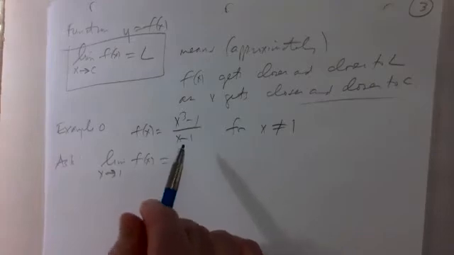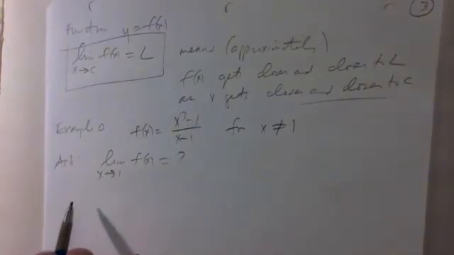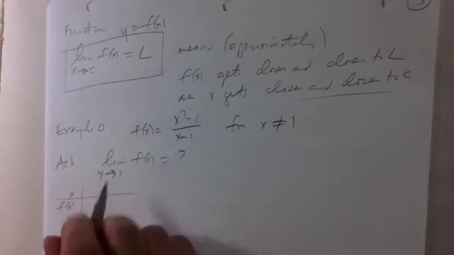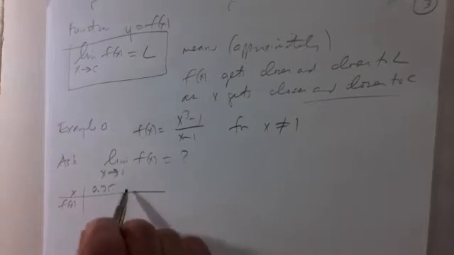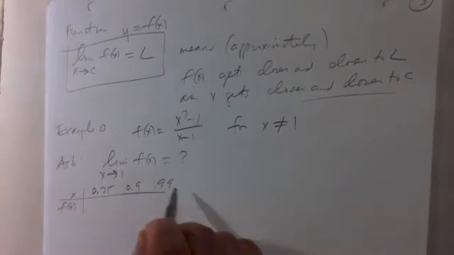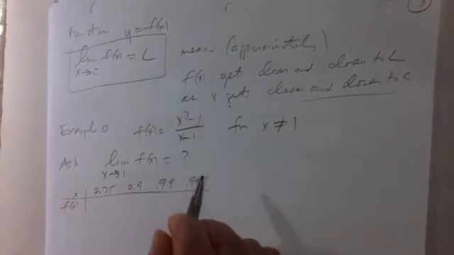Now, if you were to take your calculator and compute this, you could make a table of, for different values of x, what is f of x equal to? So as x gets closer to 1, you could let x be maybe 0.75 or 0.9, that's even closer, or 0.99 or 0.999.